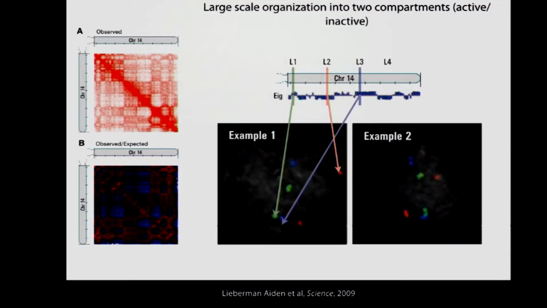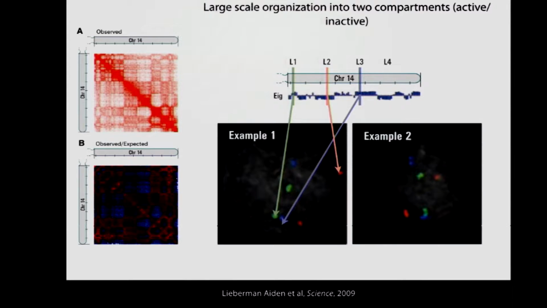And so it actually segregates out somewhat, where basically you have things that are either strongly positive or strongly negative, suggesting an overall organization into two compartments. And if you go back and take regions that are either strongly in one or strongly in the other compartment, you can verify this with FISH.